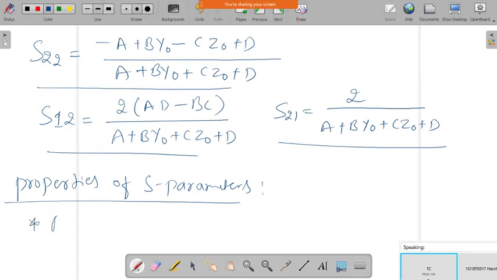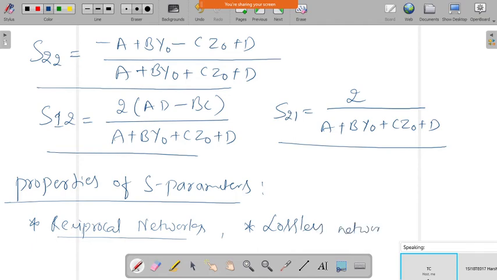The first one is reciprocal networks, or the reciprocity property, or reciprocity theorem. And one more thing, which is lossless networks. Okay, so reciprocal networks and lossless networks.